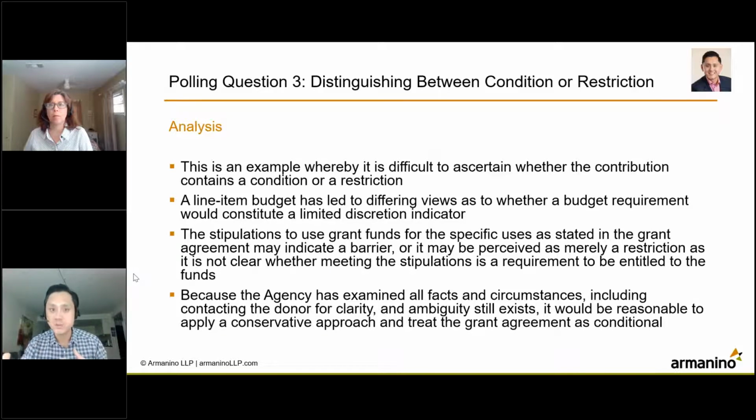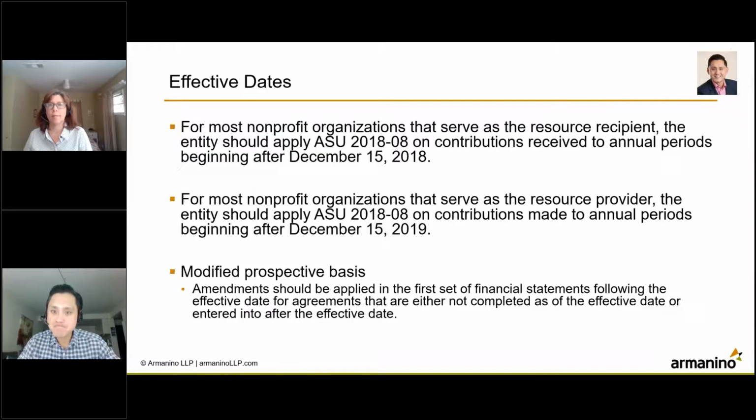Or have you had situations where you've been able to spend more or less within the budget, and you've been able to repurpose and spend those monies for other sources where it's really not a barrier to entitlement? So we really think this 2018-08 is going to require us to reevaluate how we think about contributions.